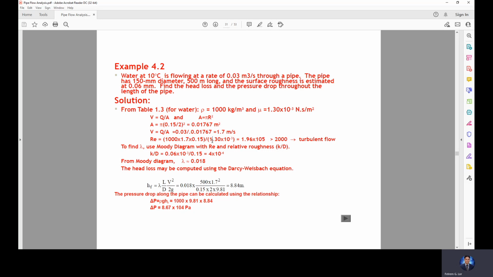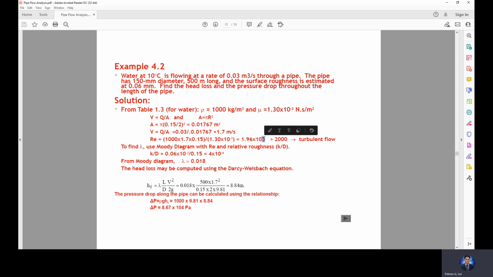Dynamic viscosity is 1.3 times 10 to the negative 3. So the value of the Reynolds number is 1.96 times 10 to the 5th. So it is way more than 2,000, so the flow is turbulent.